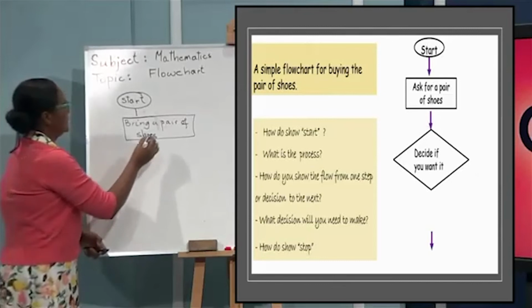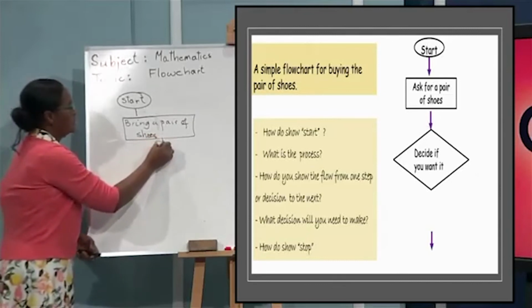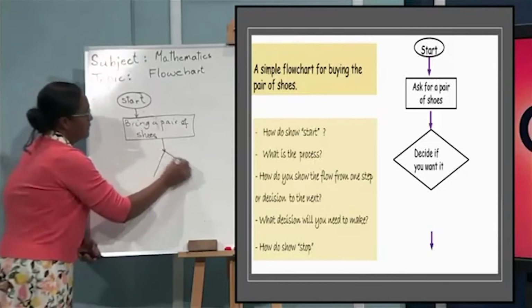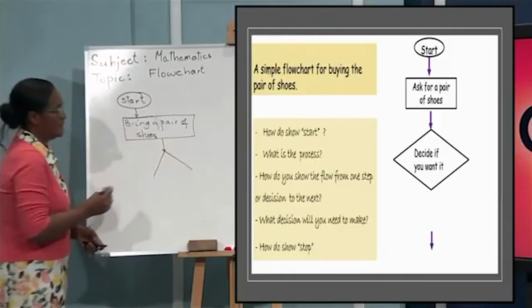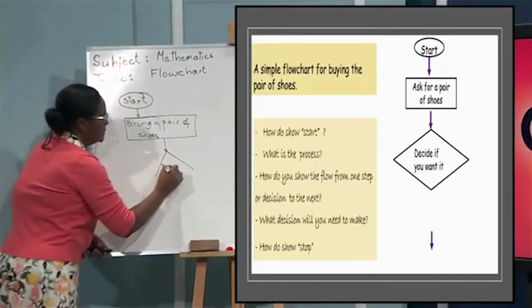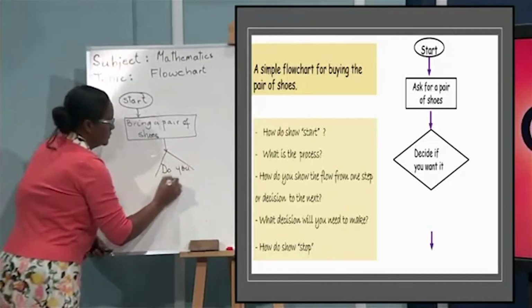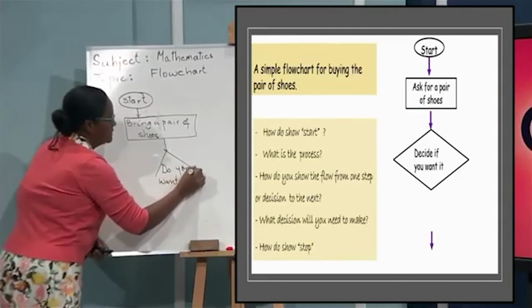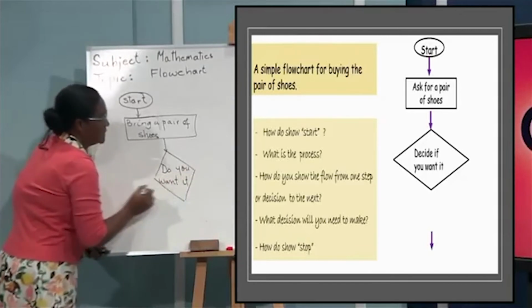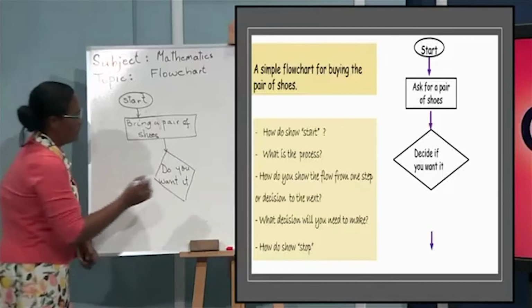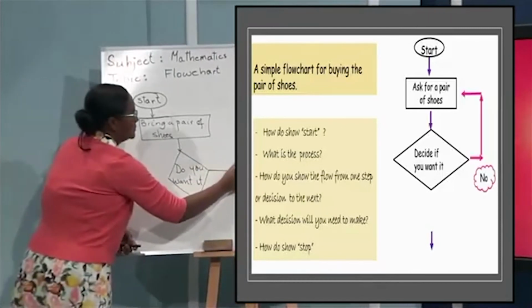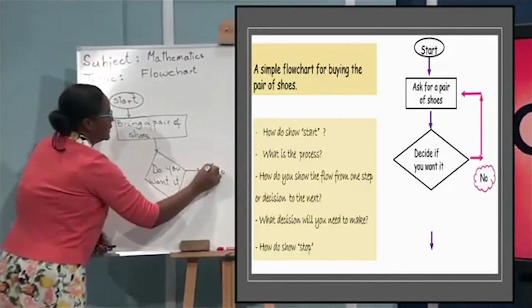And then you need a decision. Let's put on our arrows. What are the decisions that we need to make? Do you want this one? Do you want it? That's our diamond. Suppose you decide no. Arrow.